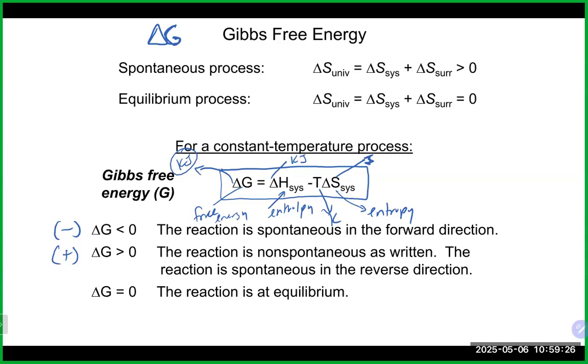So if you flip the reaction around and do it in the opposite direction, the reaction would then become spontaneous. The reason for that is if you flip the reaction, your reactants become your products and your products become your reactants. You actually end up with the same value. The only thing that changes is the sign. It goes from, for example, positive to negative in that case. And if delta G is equal to 0, it will be at equilibrium.